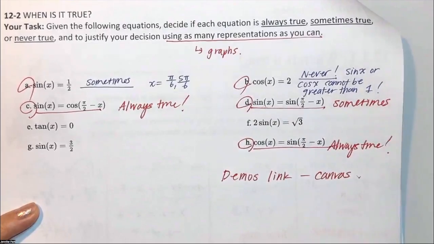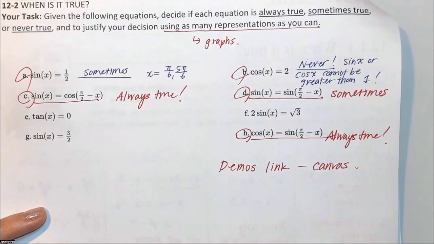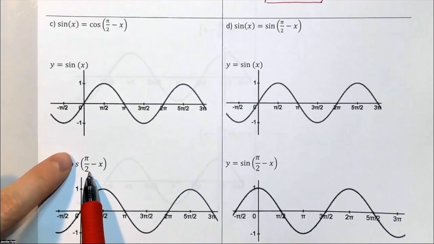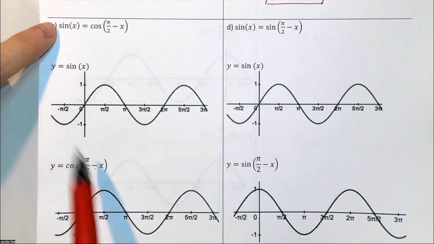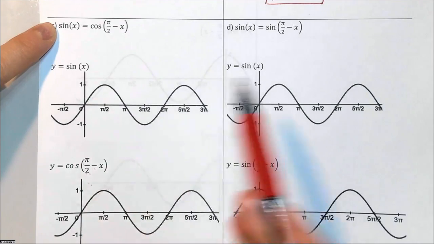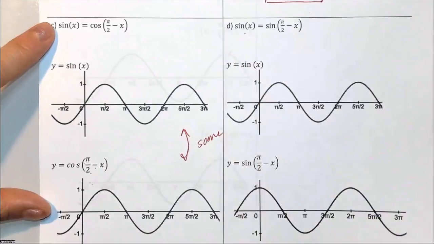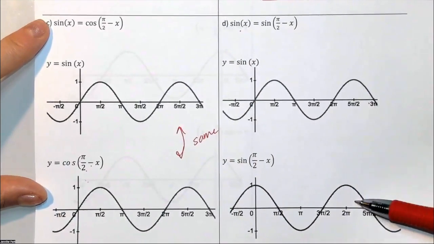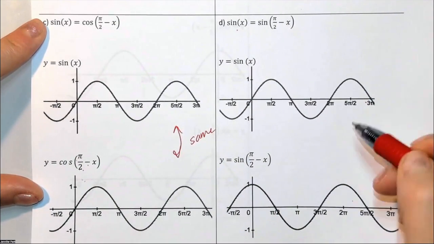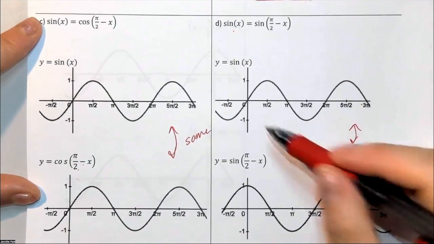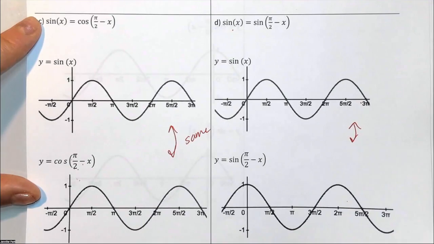Also, I will have those graphs together on my handout, because I do have both sine of x and cosine of pi over 2 minus x for part C. If you're looking at the graph together, you can see that they are exactly the same. Whereas D, sine of x and sine of pi over 2 minus x, they're not the same. But they sometimes intersect. So they are sometimes true.